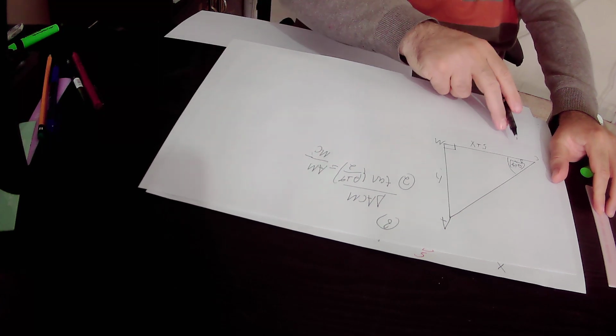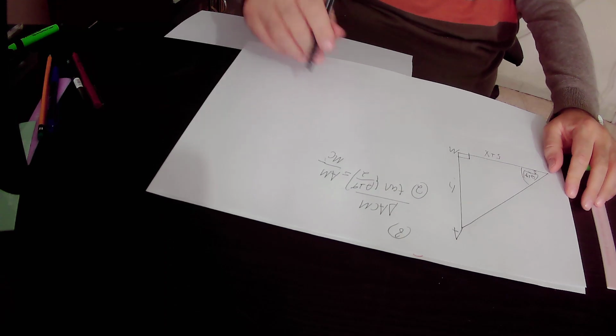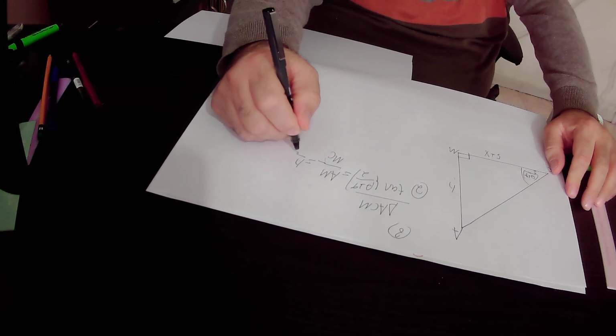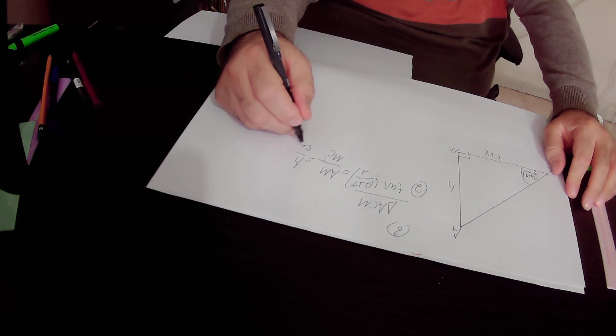Okay, tangent of (theta plus alpha) over 2 equals AM over MC. But we've already found, according to our definition, AM equals h. And we've already found out that MC equals 5 plus x.